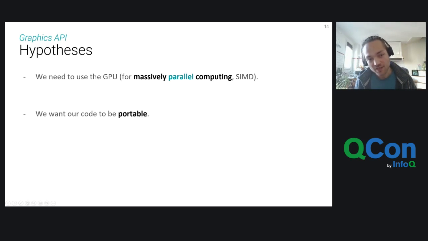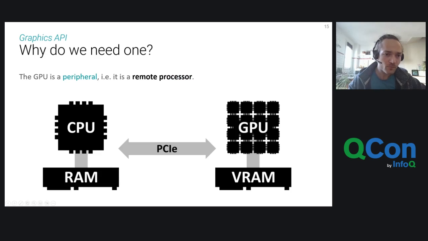And the other hypothesis I'm making is that we intend to have our code portable to multiple platforms, because if we don't, we'll make different choices and focus really on the target platform. So why do we need a graphics API? Well, because the GPU is like another machine in the machine.